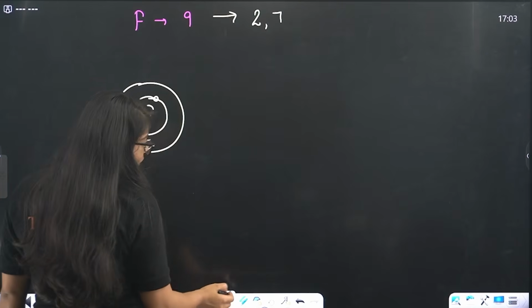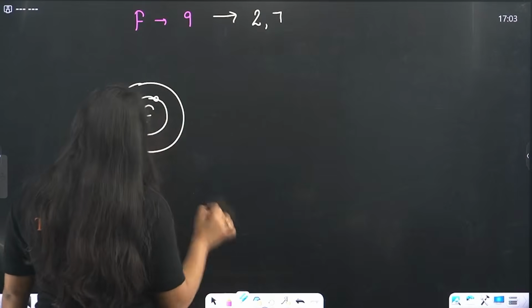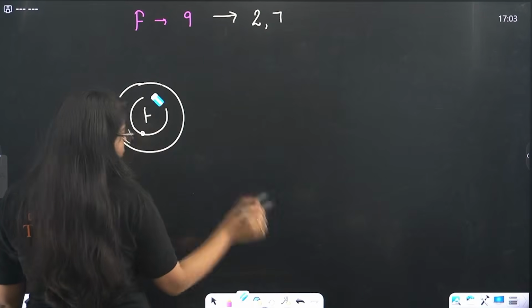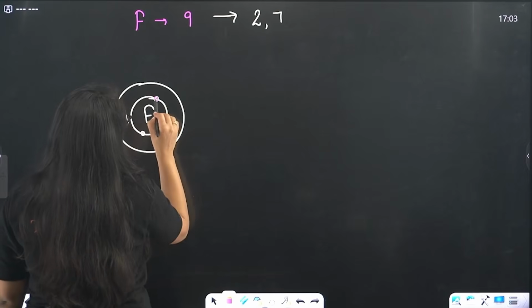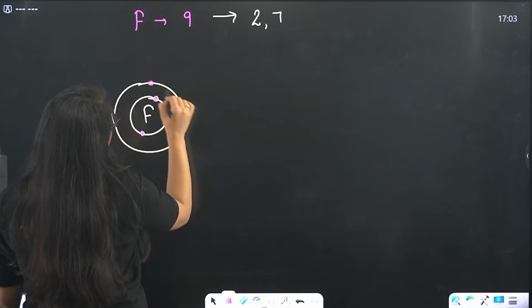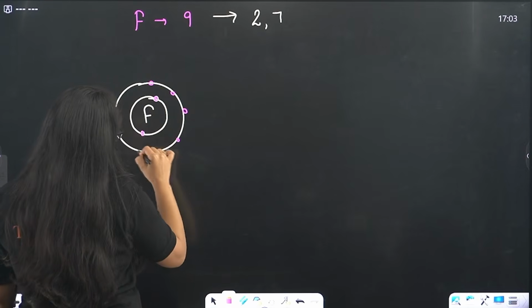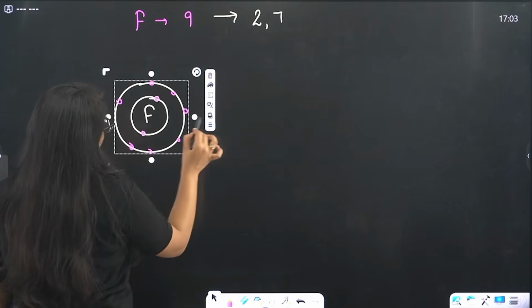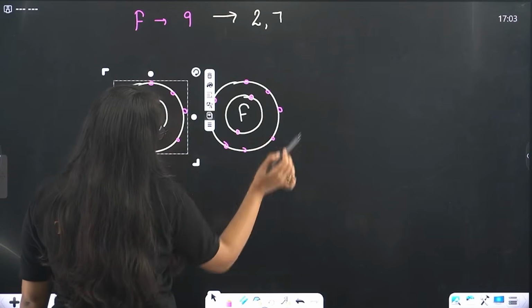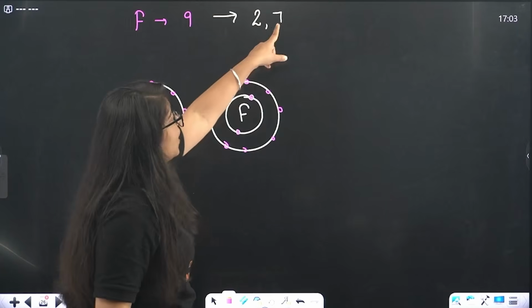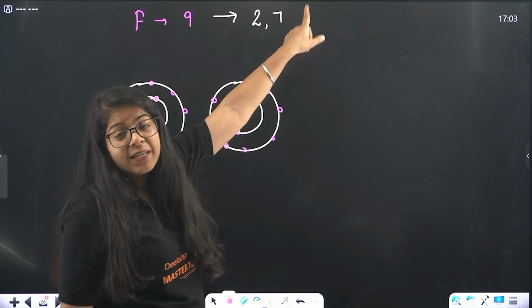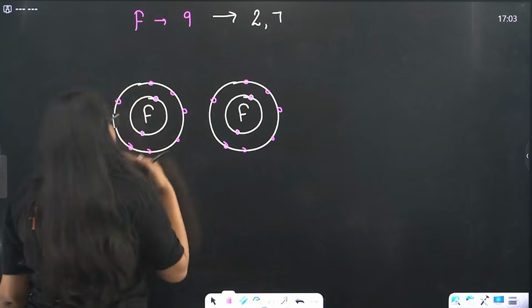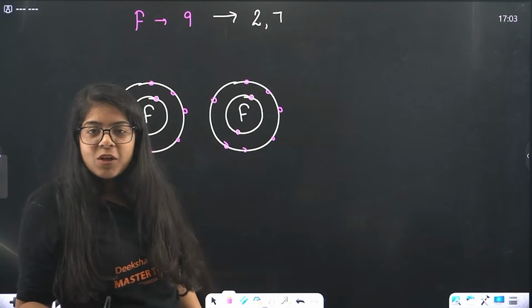So 2 electrons will be in the K shell and 7 will be in the L shell, right? Again, it needs 1 more electron to reach 8, that means to complete its octet. So it again goes to another fluorine atom.